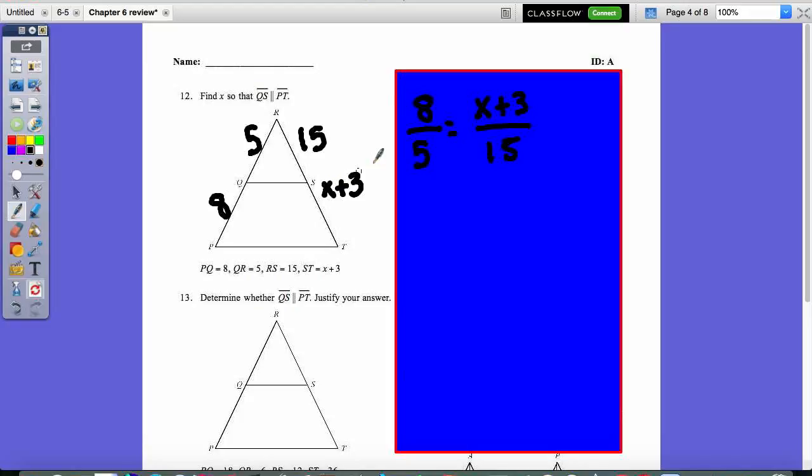When this works, then these two lines will be parallel, because the converse of the proportionality theorem tells us that if a segment intersects the sides of this triangle so that the ratios are proportional, then the lines are parallel.